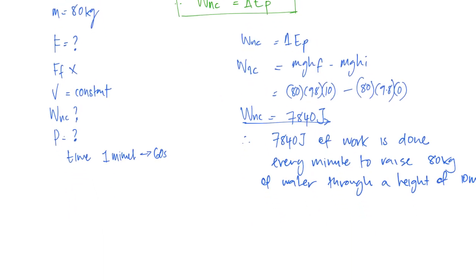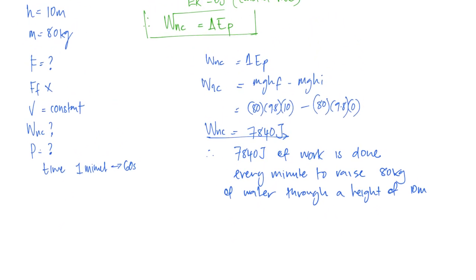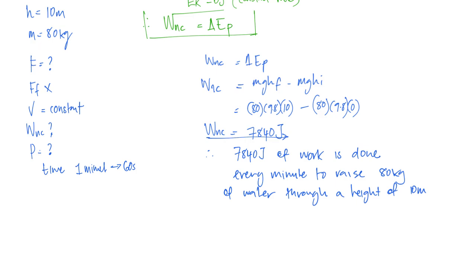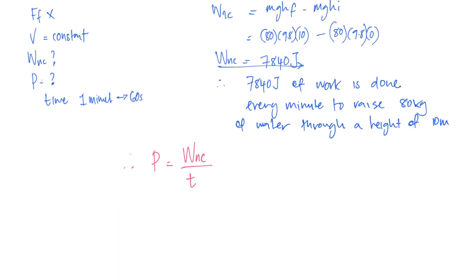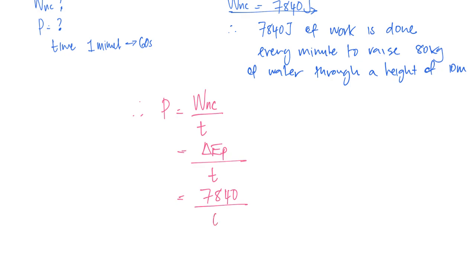So we've got the work non-conservative over there, and we can say therefore, P is equal to work non-conservative all over time, where we have the change in EP all over time, and that's 7840, and the time was 1 minute, which is 60 seconds, and you're going to get 130.67 watts. And that is your answer for power.